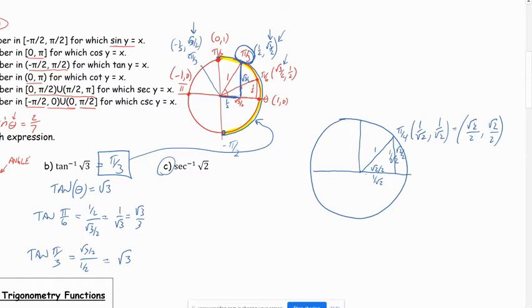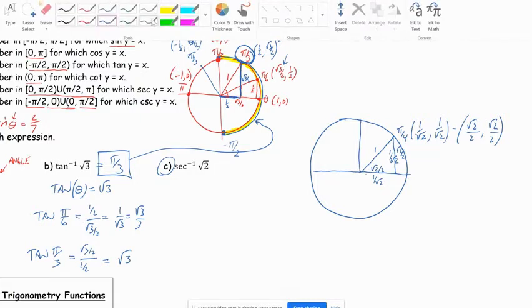So those are the coordinates that we get for a 45-degree angle. And so we're most likely going to be using one of those. Now, remember, secant and cosine are related because secant is 1 over cosine. So they have the same domain restriction.